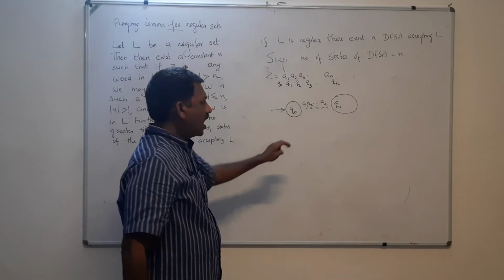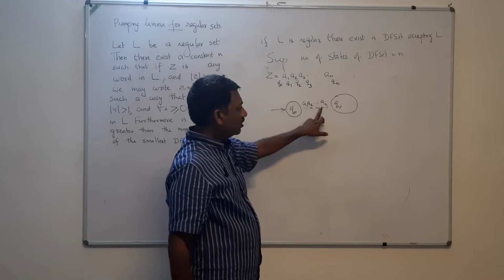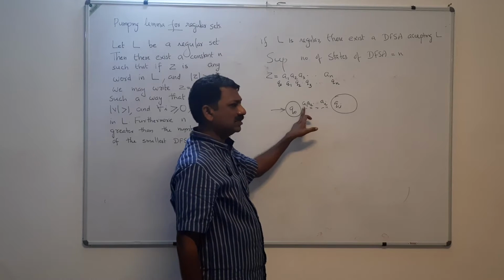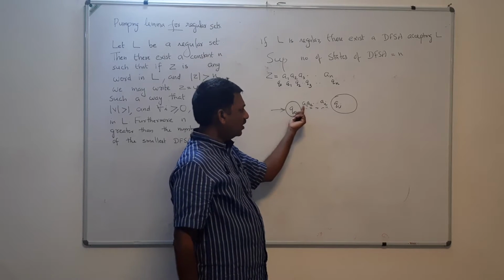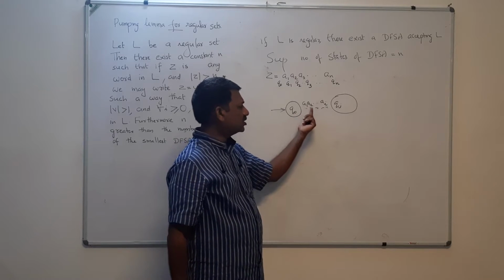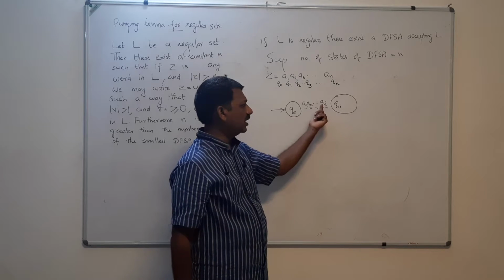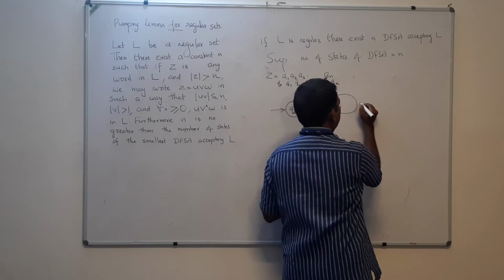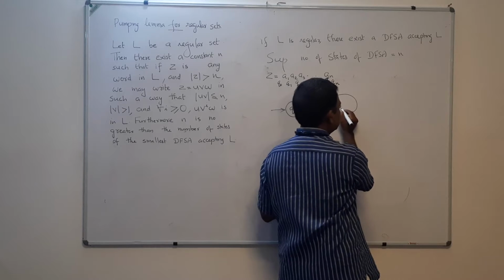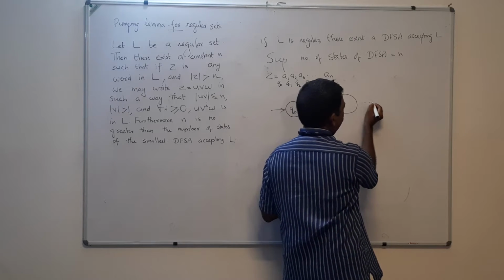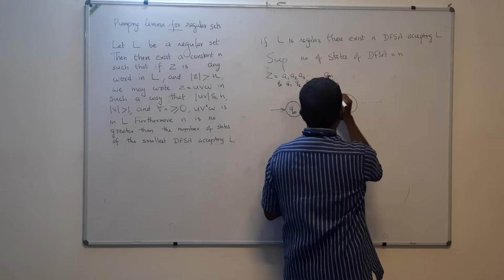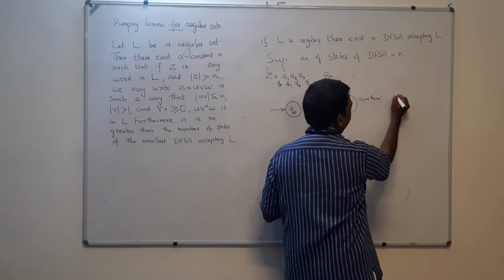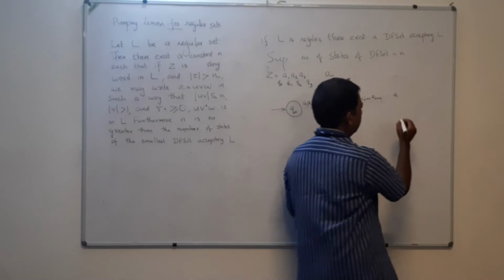After accepting i symbols of the string, that is, after accepting each symbol, after accepting A1 it moves to Q1, after accepting A2 it moves to Q2, etc. After accepting Ai it moves to Qi, and now again it accepts Ai plus 1, Ai plus 2, etc. up to An.